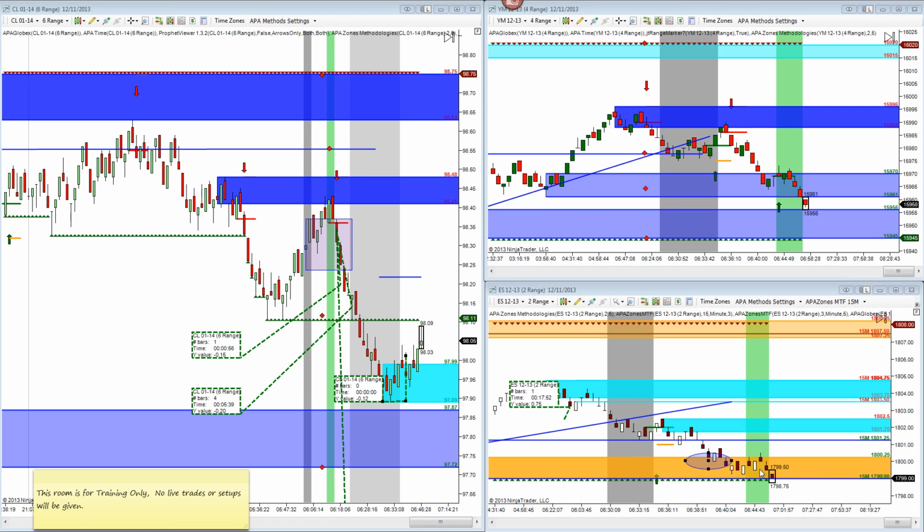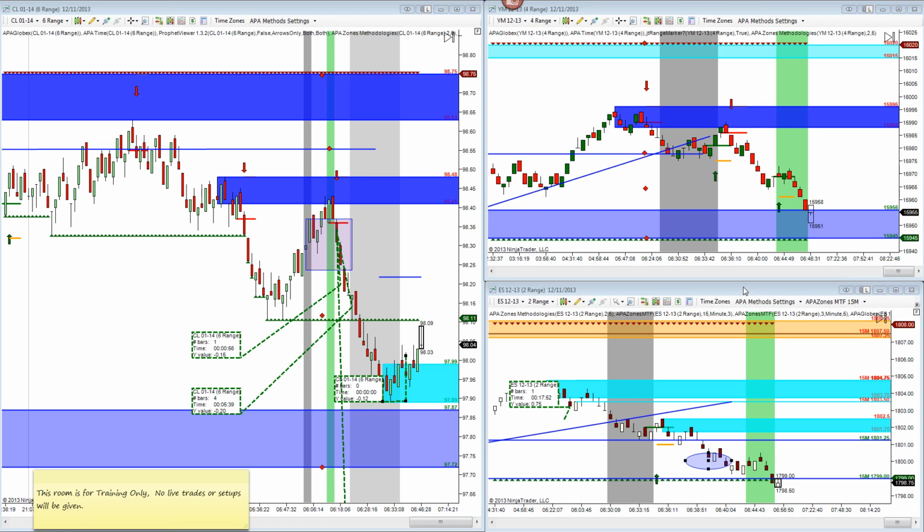Technically, I'm going to say that, yep, maybe that was just a tiny retracement on ES. ES is so small, it's just so hard to read.